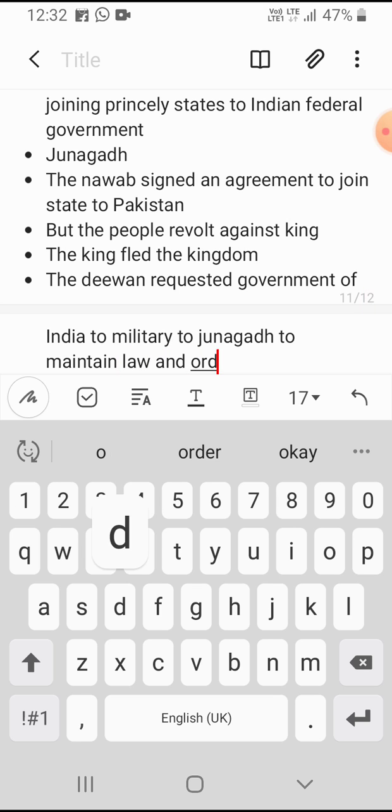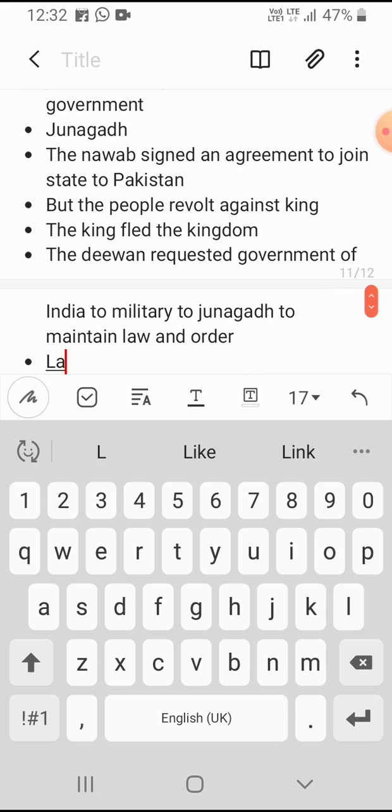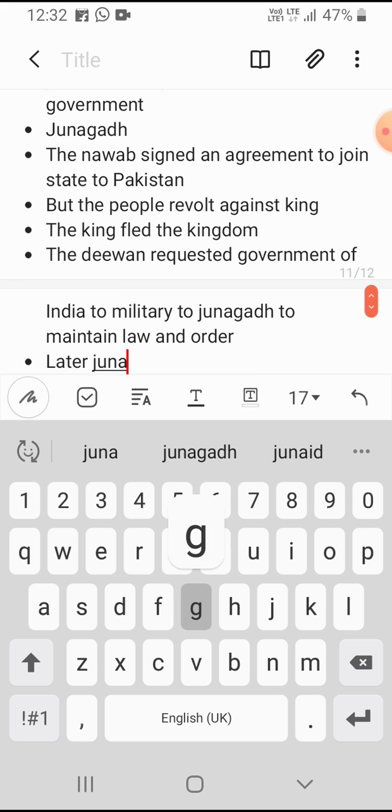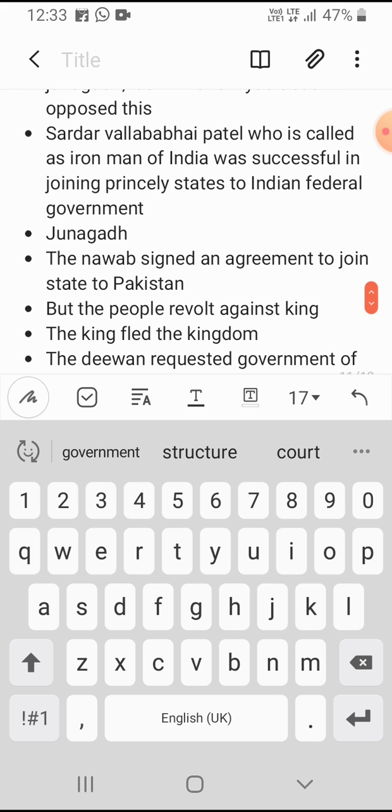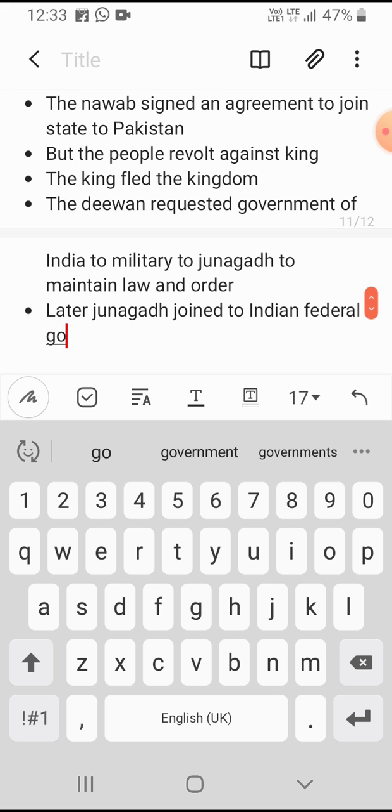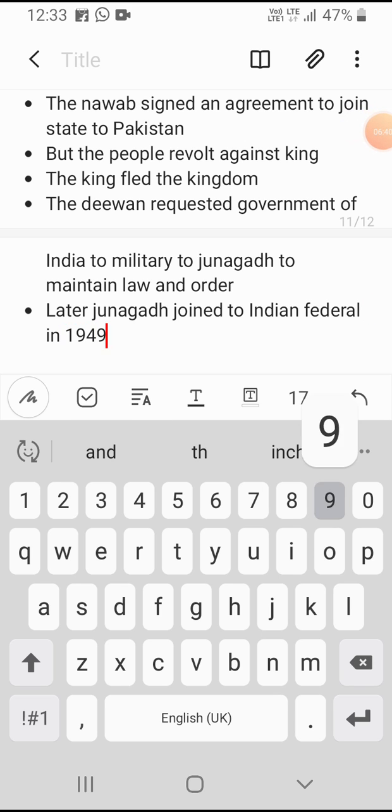Later, Junagadh joined the Indian Federal Government in 1949. So it joined India in 1949.